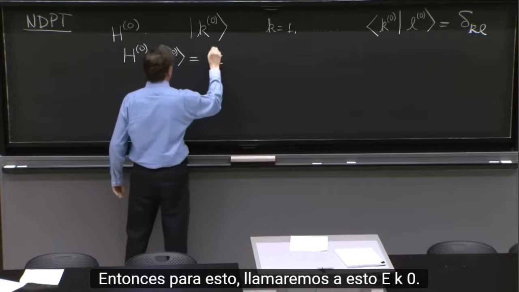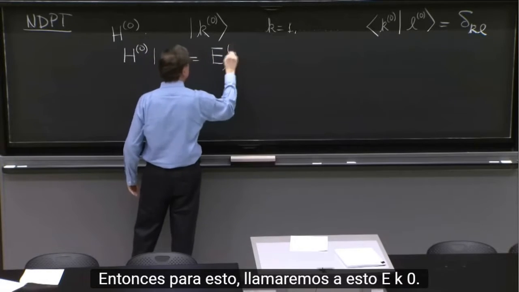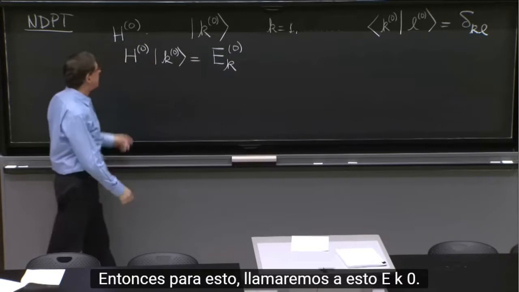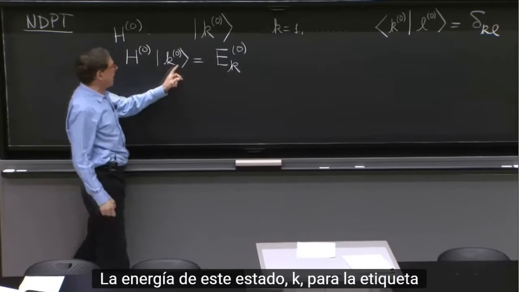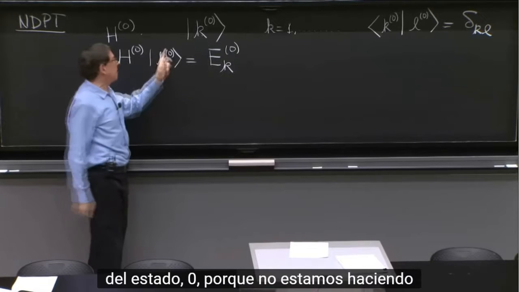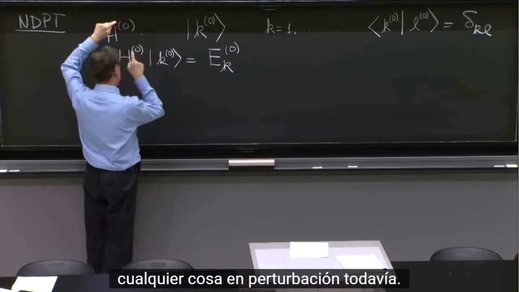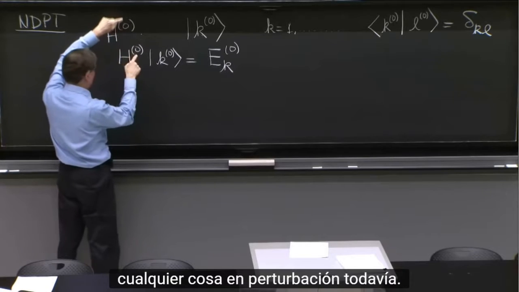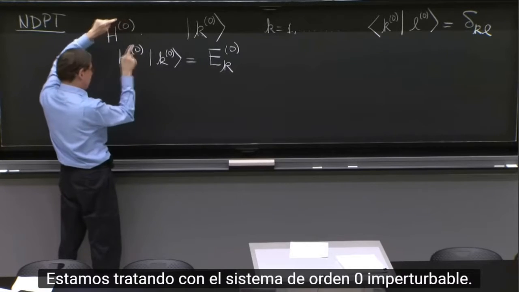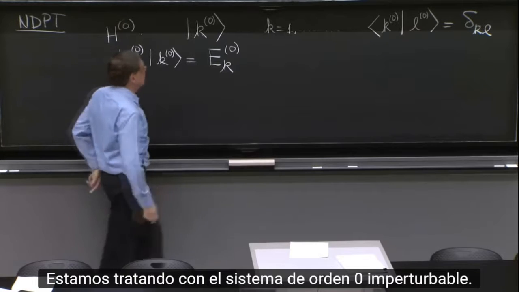So we'll call this EK0. The energy of this state, K for the label of the state, 0 because we're not doing anything in perturbation yet. We're dealing with the unperturbed zeroth order system.